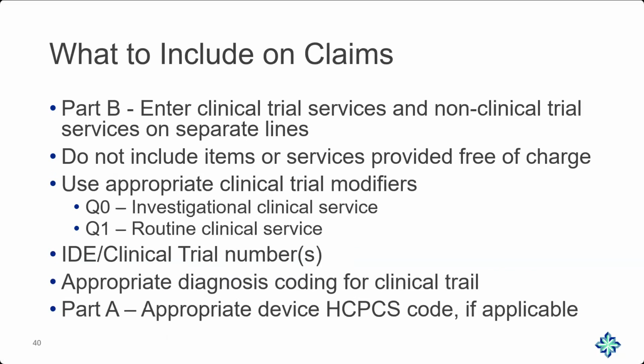All right, so what's included on claims? If you are a Part B biller or billing Part B services, providers should enter the clinical trial number and the non-clinical trial services on separate lines when both types of services are submitted on the same claim form. As we just spoke about, items and services that are provided free of charge by your research sponsors should not be billed to Medicare.